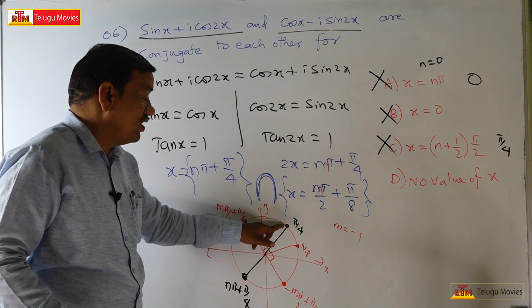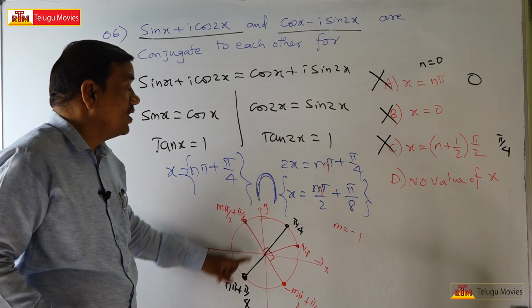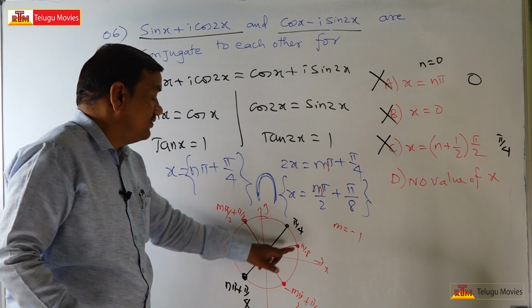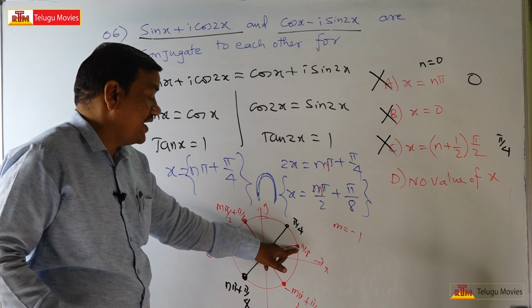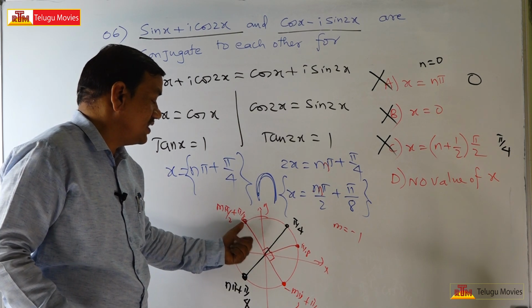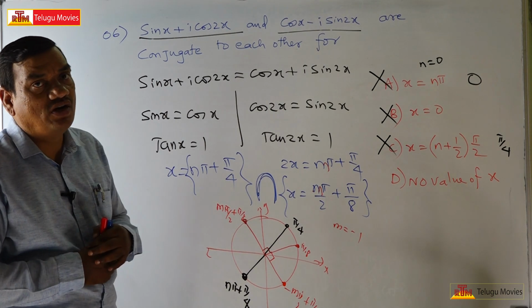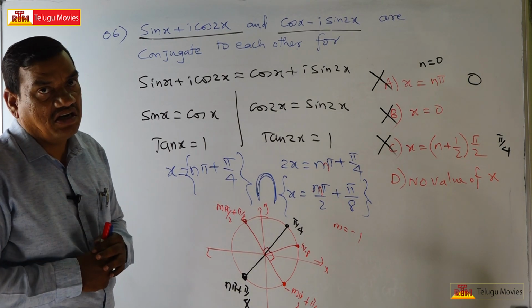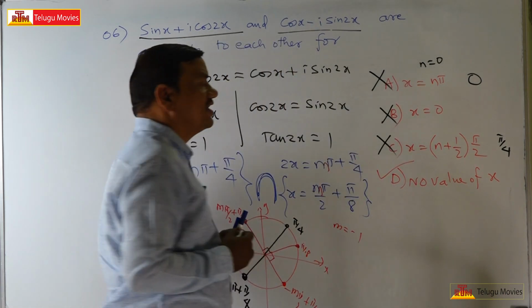So π/4 will be here, and otherwise the next number will be here. For the second set, one of the x values is π/8, otherwise here. That means it will rotate like that. Is there any intersection you will get? Nothing you will get. So generally you can say this by option verification also.